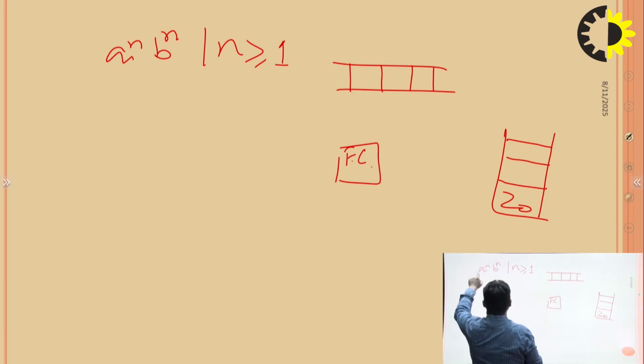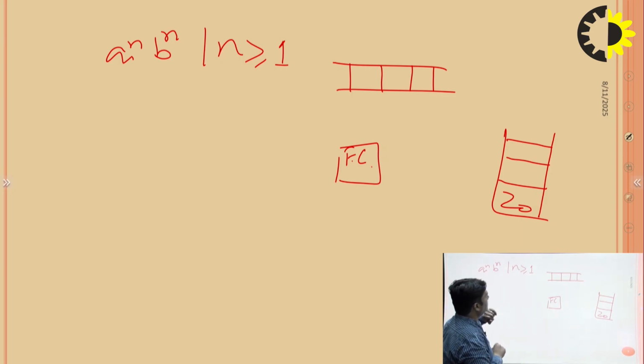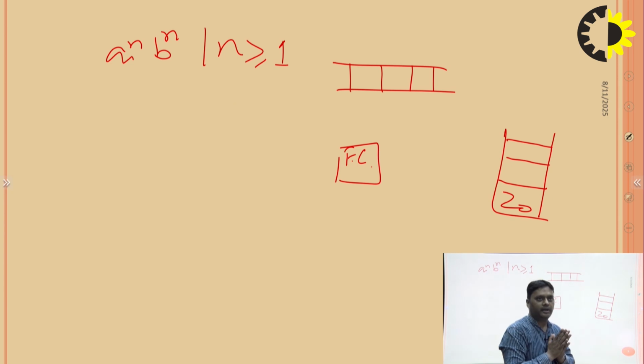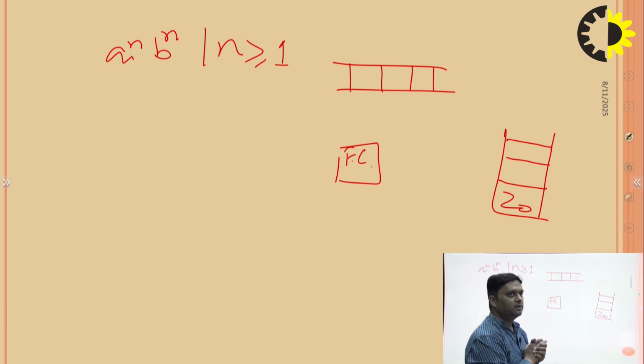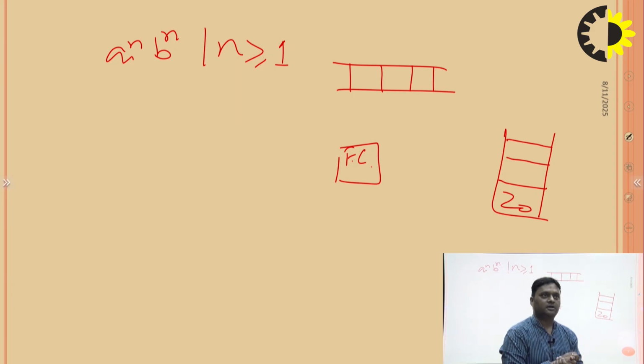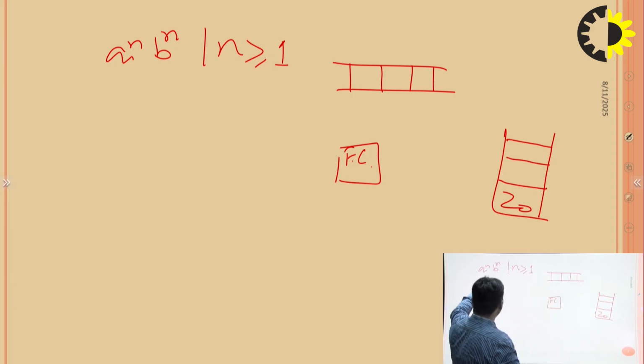If the question says a to the power n, b to the power n, means accept the string where n is greater than or equal to 1, then what strings will be accepted here? If we put n equal to 1, then the string ab will be accepted.